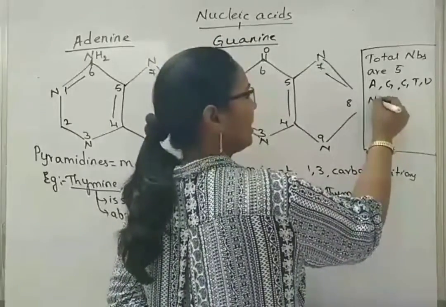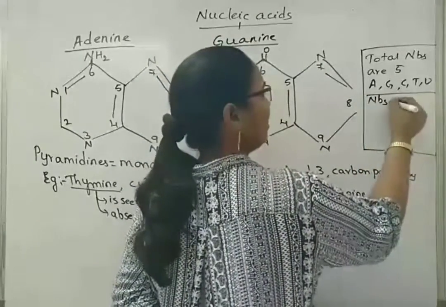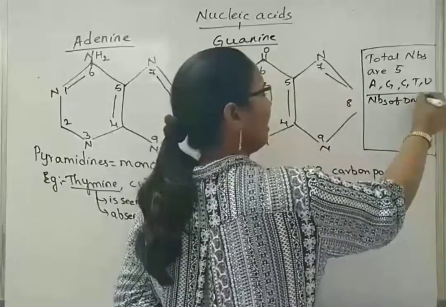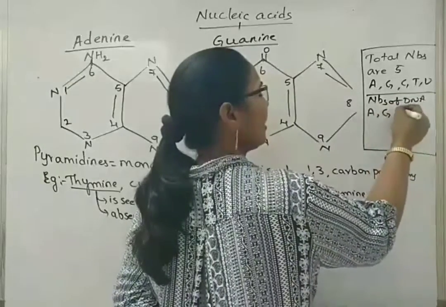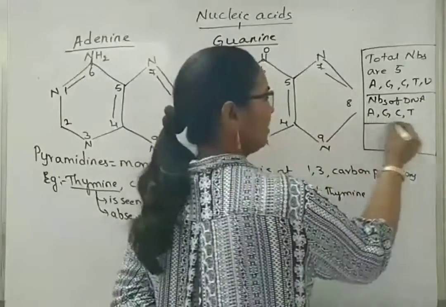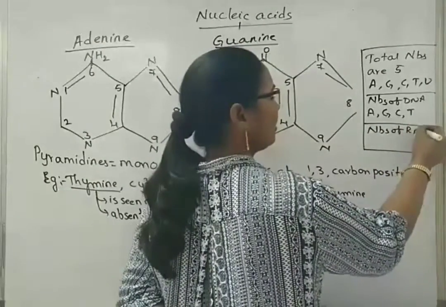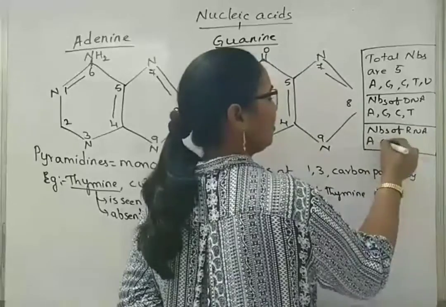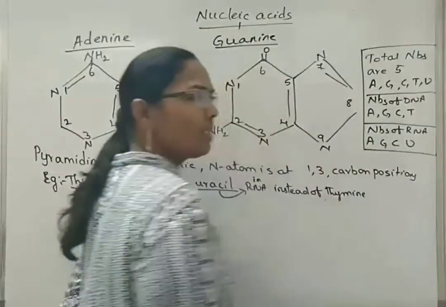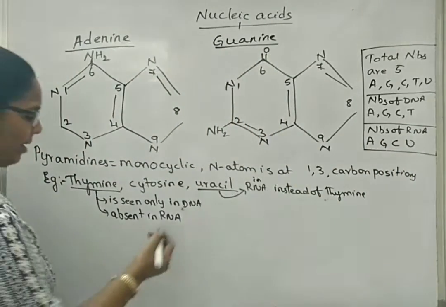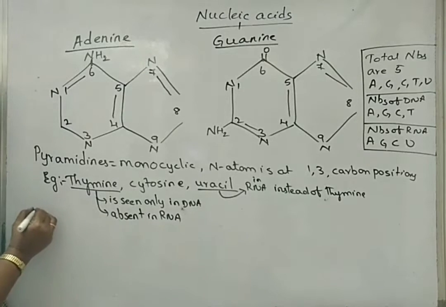Next, nitrogen bases of DNA are adenine, guanine, cytosine, thymine. Nitrogen bases of RNA are adenine, guanine, cytosine, uracil. Coming to the structure of thymine first.